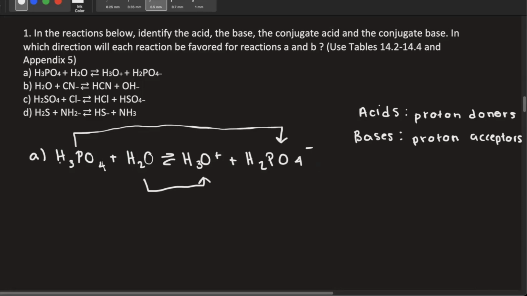So we can look at H3PO4, and we can look at H2PO4 minus. We can tell by comparing these two that we are losing a proton, because 2 is less than 3. So you can put right here, less proton.